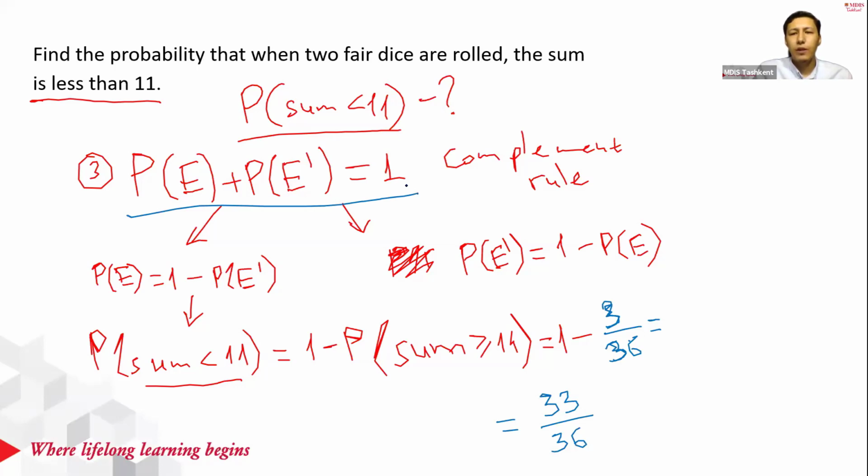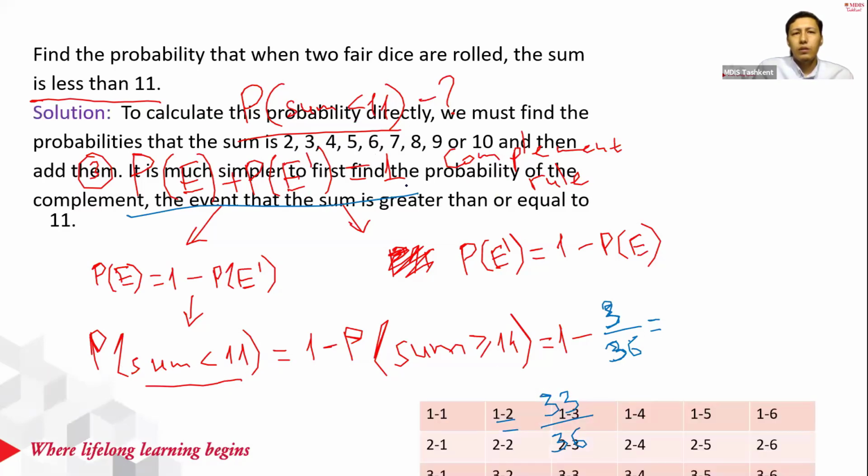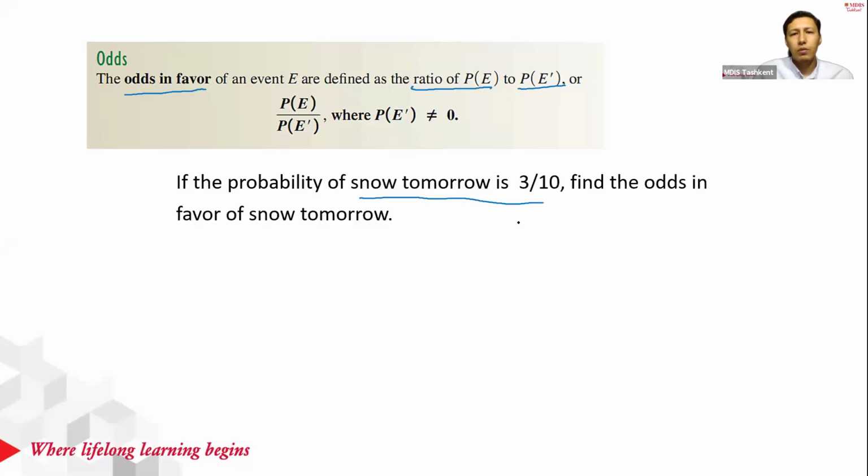Okay, next formula. This one we call odds in favor. It is just the ratio of P(E) and P(E complement). For example, if the probability of snow tomorrow is 3 over 10, find the odds in favor of snow tomorrow.